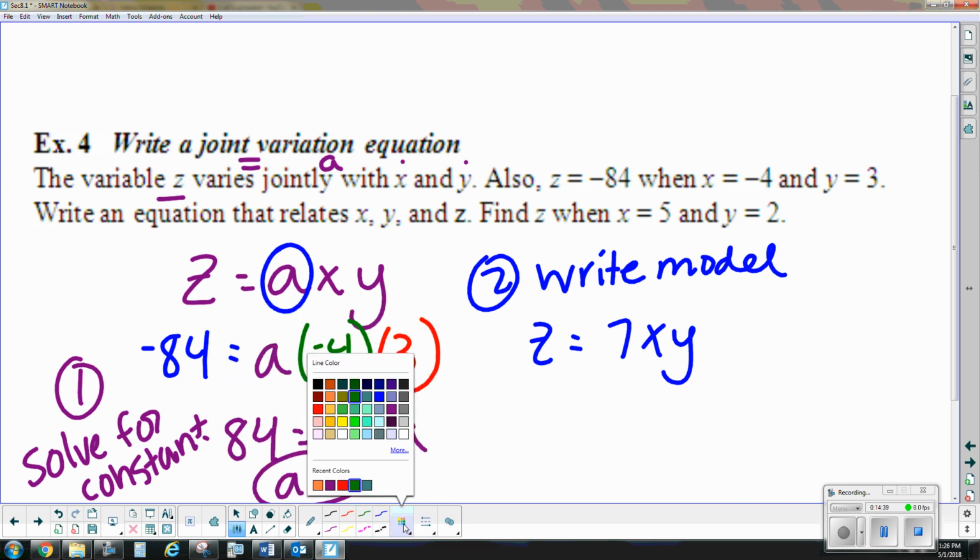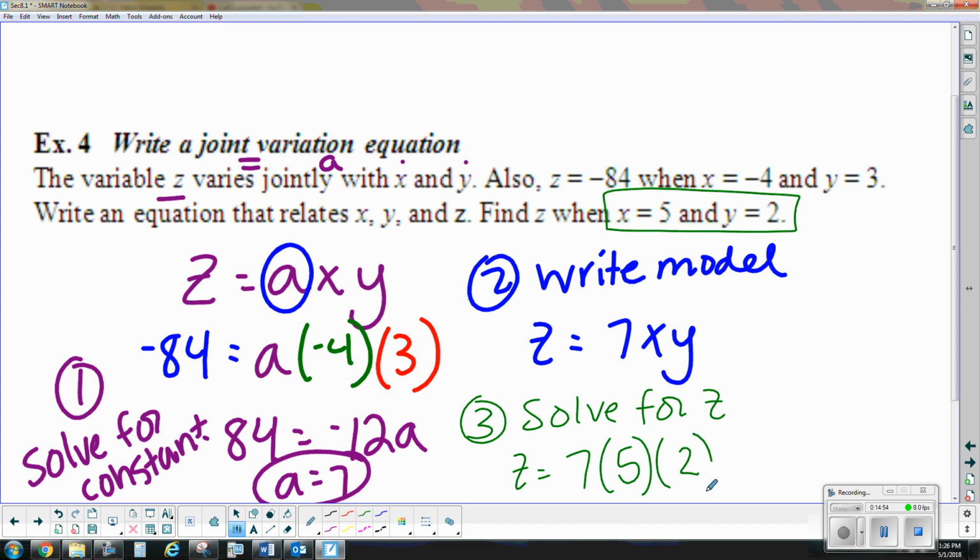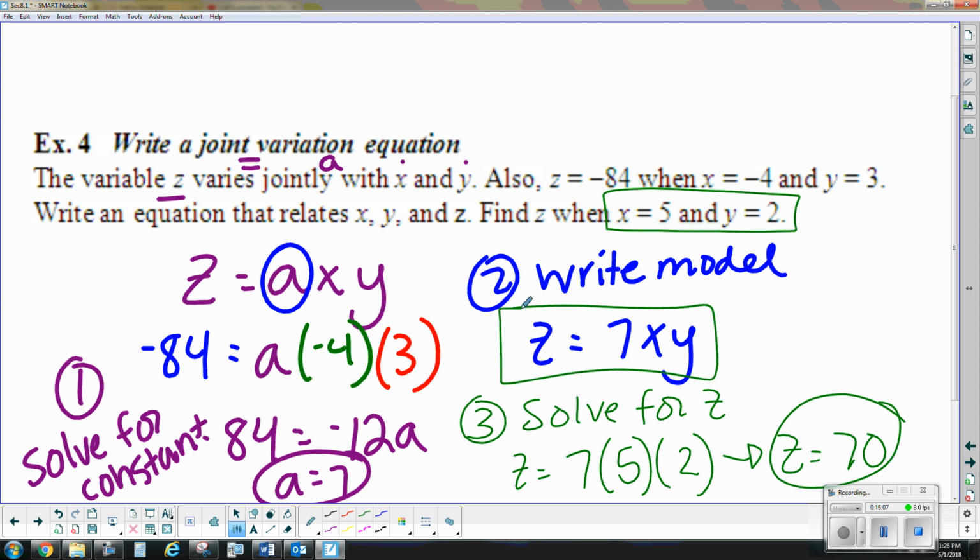And then lastly, our third step is solve for z. So we know that z equals 7, and x equals 5 and y equals 2. So z equals 70. So here's our model, z equals 7xy, and then when we find z, we replace x and y with the given values.